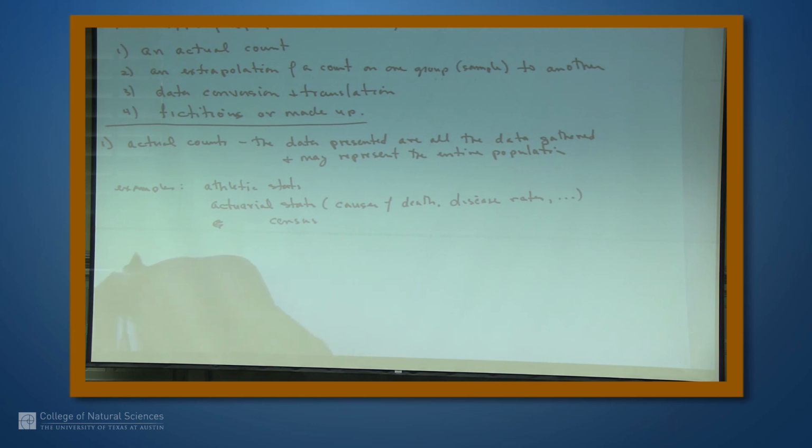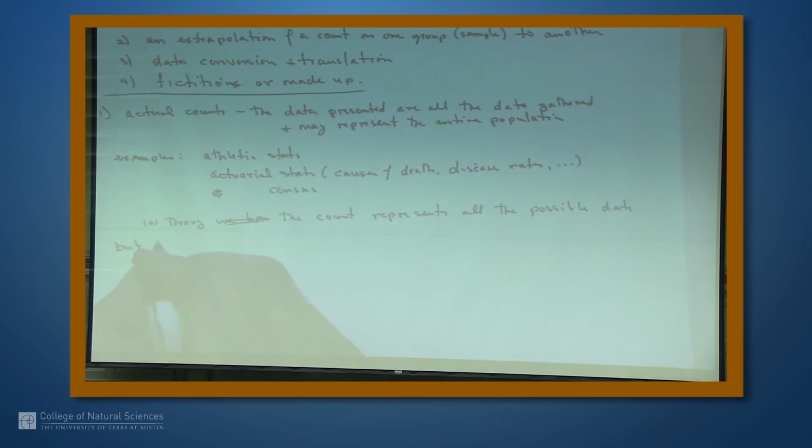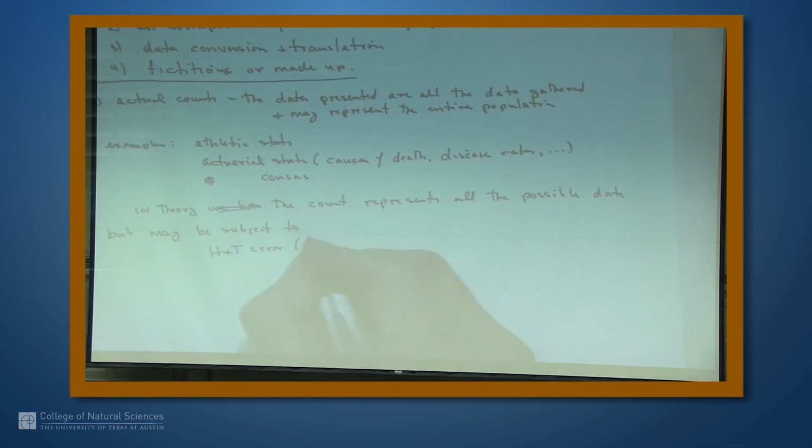So, in theory, the count represents all the possible data, but may be subject to human and technical error, which includes an inadequate protocol.